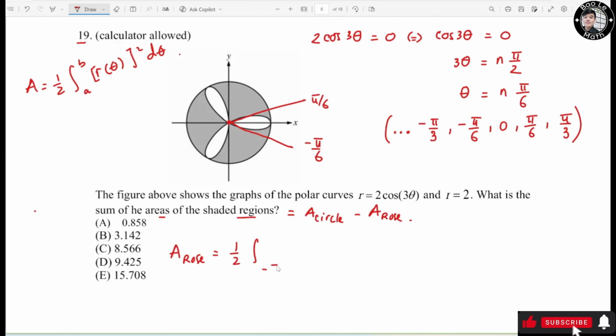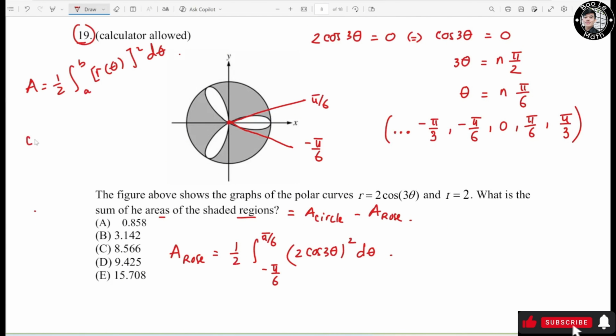The integral from negative pi over 6 to pi over 6 of (2 cosine 3 theta) squared d theta. Since number 19, we are allowed to use the calculator, but you could solve this one without using the calculator.